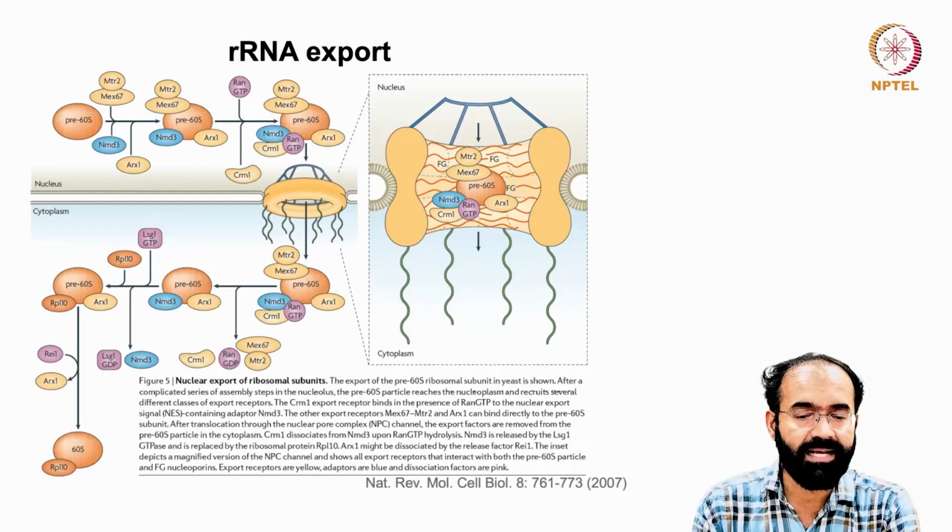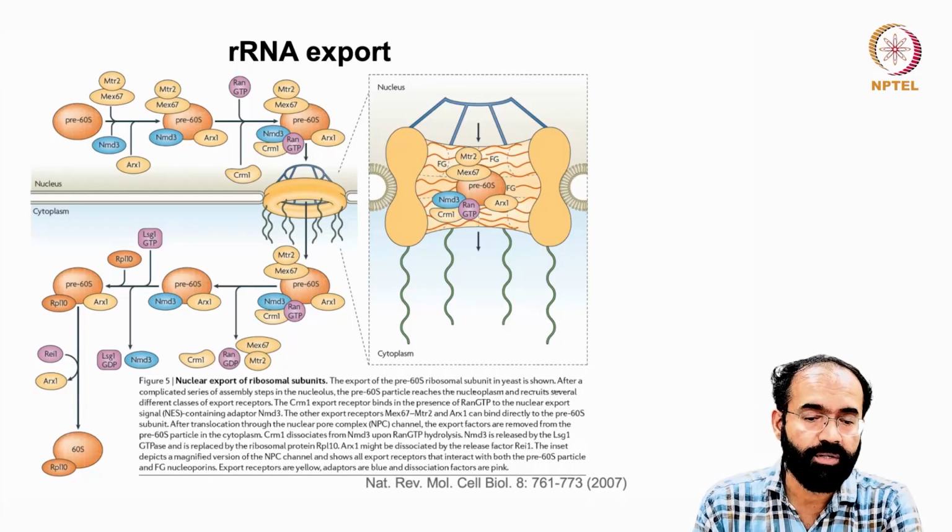So ribosomal RNA export, if you see closely, this is the nucleus side, this is the cytoplasmic side, and this is the nuclear pore complex. You can see pre-60S, they assemble MTR2 and MEX67 and NMD3 and also ARX1.